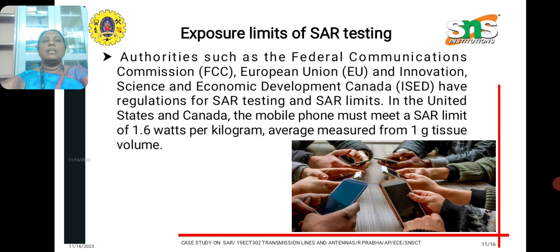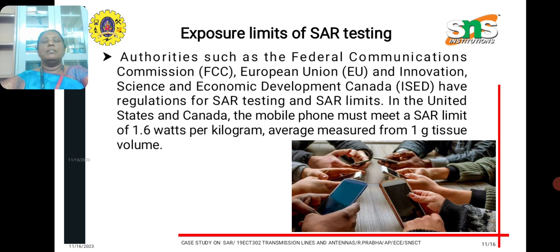Regarding the exposure limits of some countries, authorities such as the Federal Communications Commission, FCC, the European Union, EU, and Innovation, Science and Economic Development Canada, ISED, have regulations for SAR testing and SAR limits. In the United States and Canada, the mobile phone must meet the SAR value of 1.6 watts per kilogram, averaged over 1 gram of tissue volume.